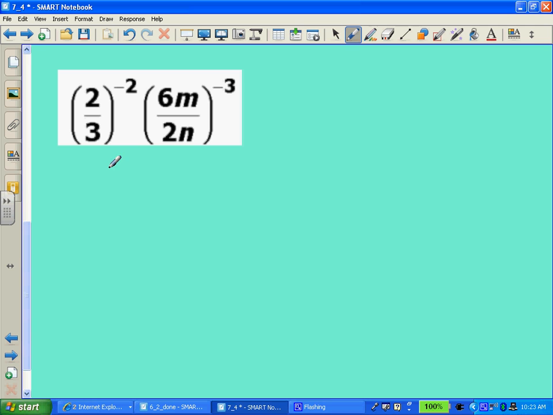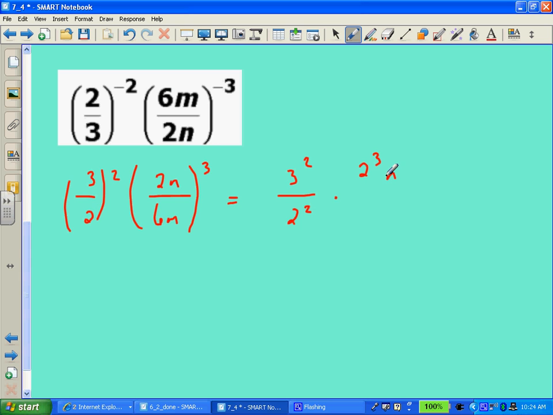Okay, one last example here. I got two quotients raised to negative power, so I'm going to flip them both. And then apply the power, so 3 squared over 2 squared times, this is going to be 2 to the 3rd n to the 3rd over 6 to the 3rd m to the 3rd.